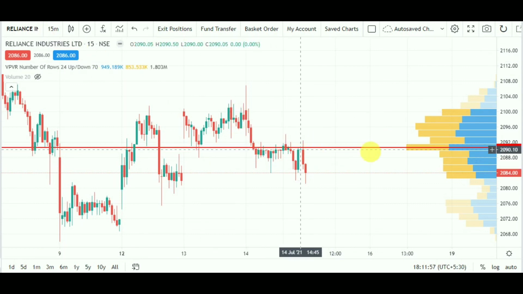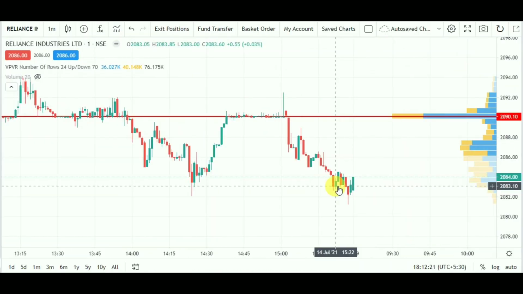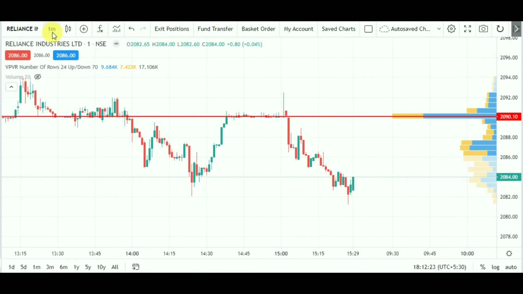Volume profile indicator can also be used on the very short term charts such as 1 minute or tick charts to identify the price level where key support and resistance lies.